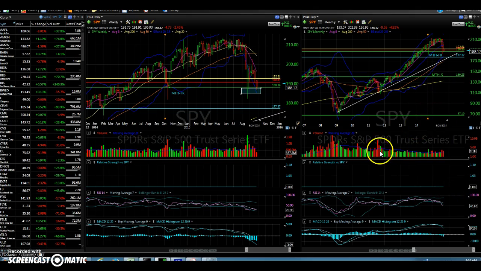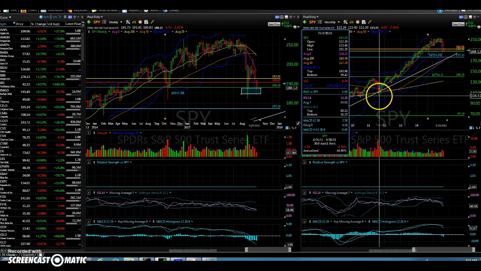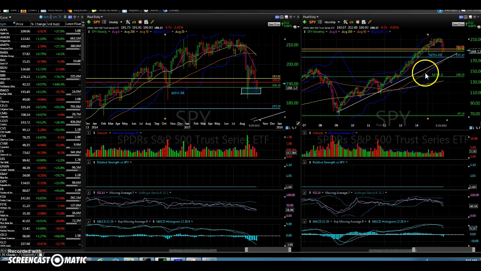Okay, another monthly thing here is this trend line. This is the one I'm watching, from this close in early '09 to this close in '11. This is going to all coincide with the 50-month moving average, this monthly trend line, and this monthly Fibonacci resistance.